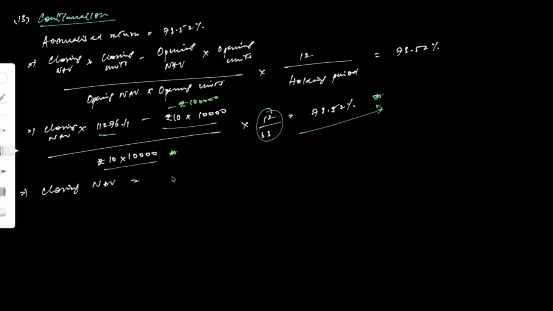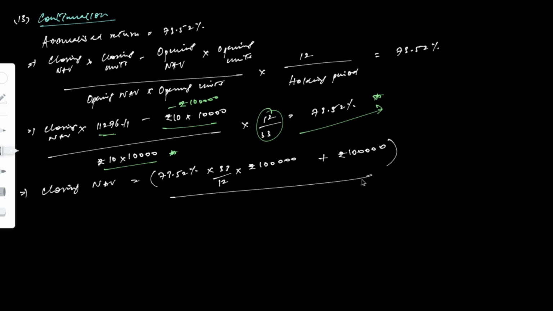Okay, so solving it, we get closing NAV is equal to 73.52% into 33 by 12 into rupees 10 into 10,000, that is rupees 1 lakh, plus rupees 1 lakh, because this negative sign when it comes here becomes positive, and this entire thing divided by 11,296.11.